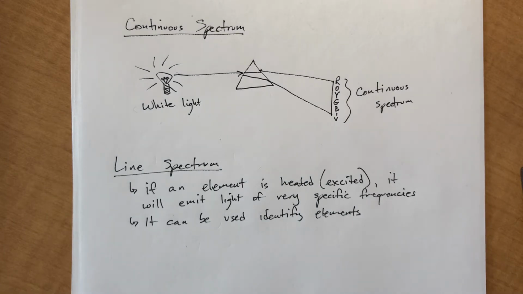Brand new stars are pretty much all hydrogen, and hydrogen has a very specific line spectrum. As the star gets older, it starts making heavier elements like helium and lithium and beryllium, working its way down the periodic table. And the stronger those other lines are compared to the hydrogen lines, the older the star is.